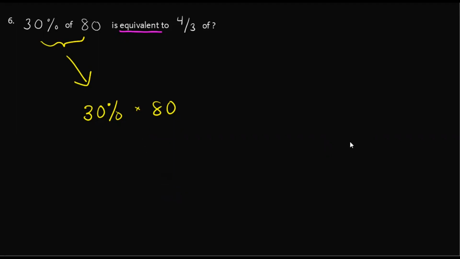Now for the other one, we know that this one is equal to 4/3 of question mark, since that is what we are trying to find. But let's use a variable instead. Let's use a out there.